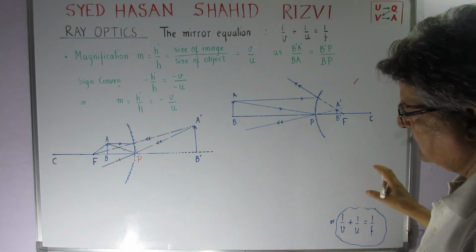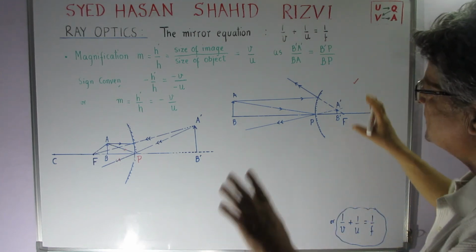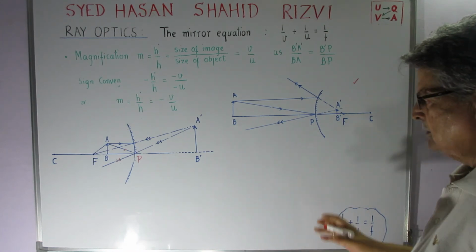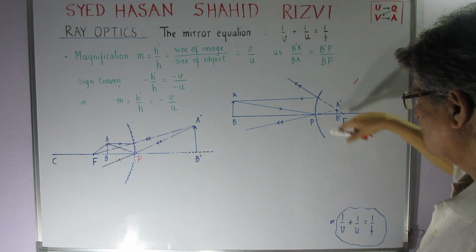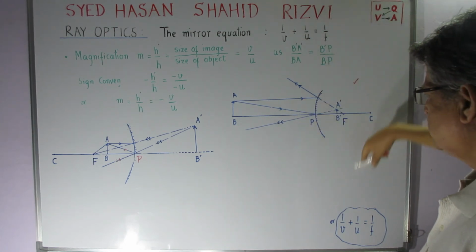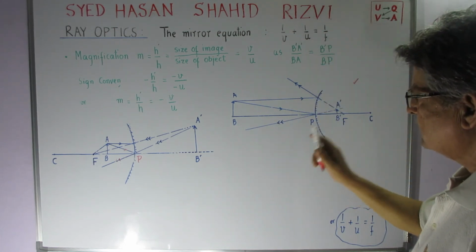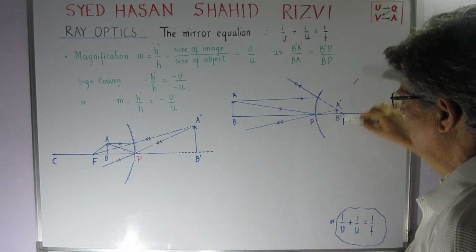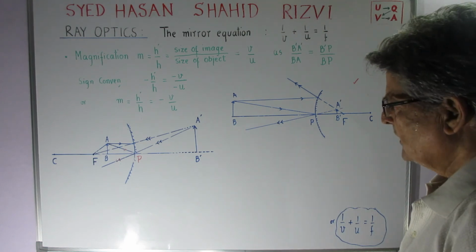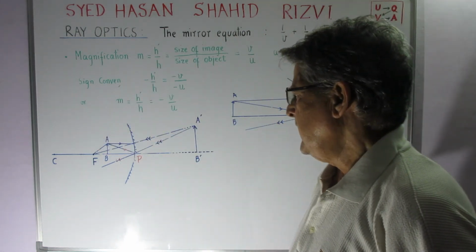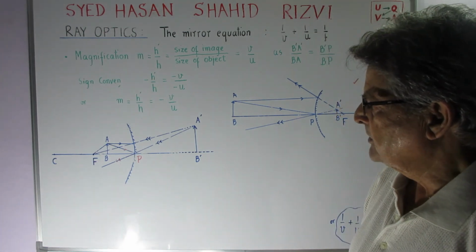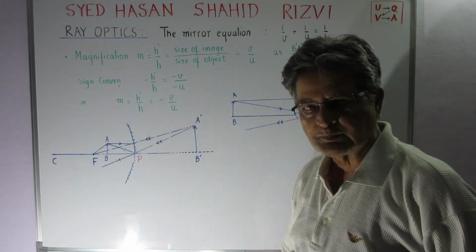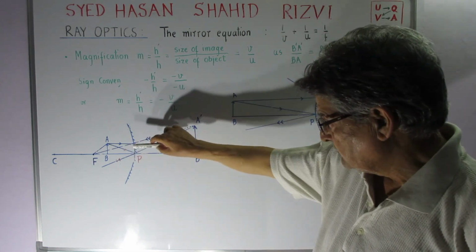So in a way, I think I have justified. I have drawn the diagrams, I have talked about the geometry, etc., and you must be able to draw these diagrams and solve these problems, taking the sign convention into account, that always draw the diagram so that your ray approaches from left to right, like this case or like this case, and the object distance or the image distance or the focal length, they must be measured from point P, in the direction of the incident ray.